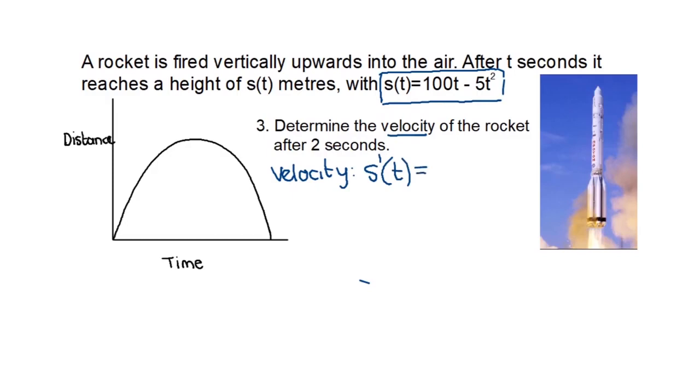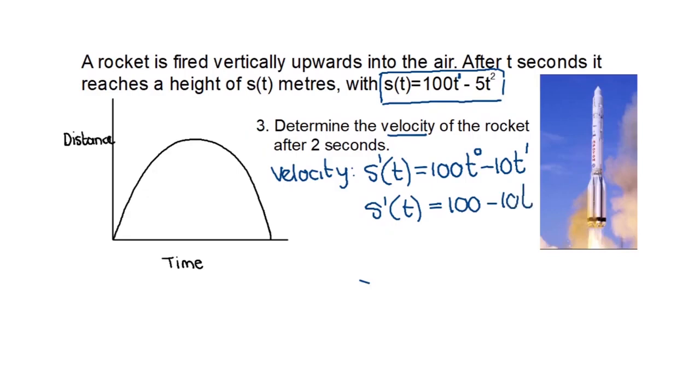If I differentiate the first term, the 1 must be multiplied with 100, and t will be to the power 1 less. Then I take the 2 to the front and multiply it with the negative 5, so it's going to be negative 10t to the power 1 less. So the velocity is given by the formula 100 minus 10t.